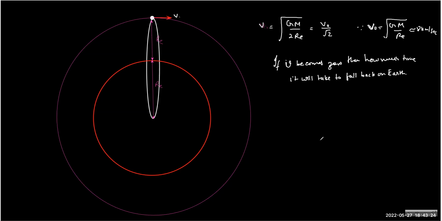So it will basically be covering 1/4 of this ellipse. So we are covering only one quarter of the total ellipse. So that means T by 4.